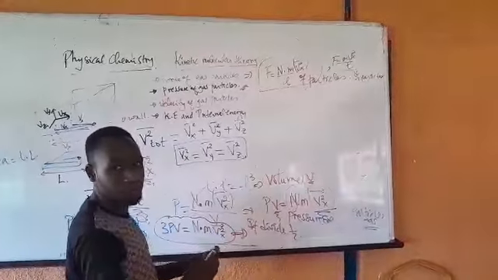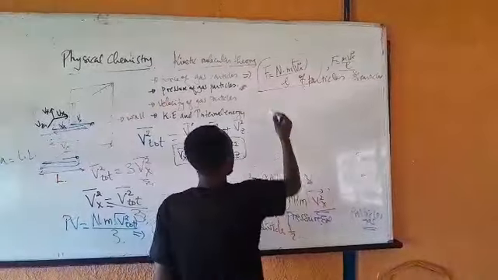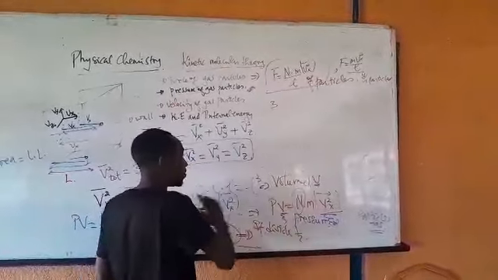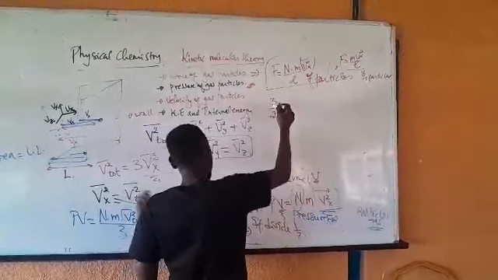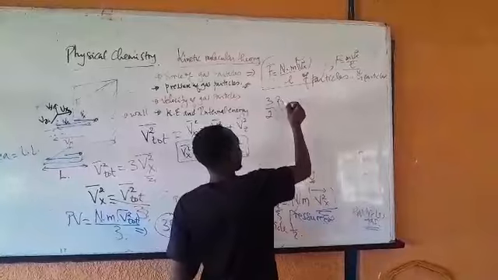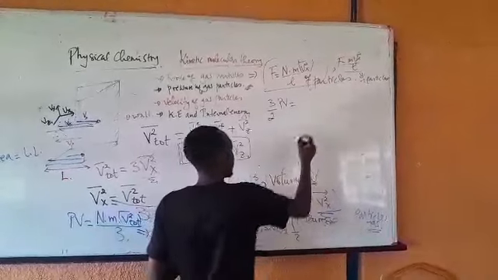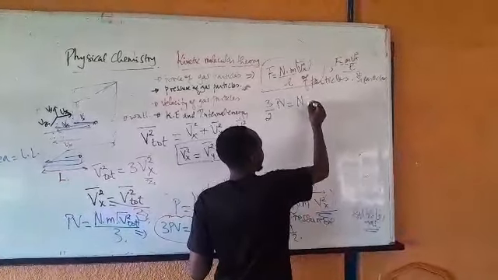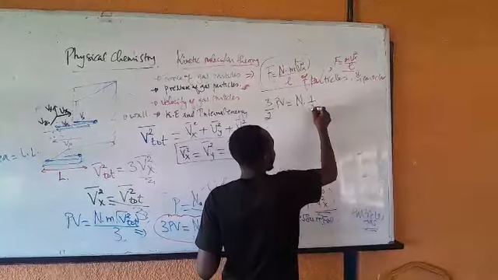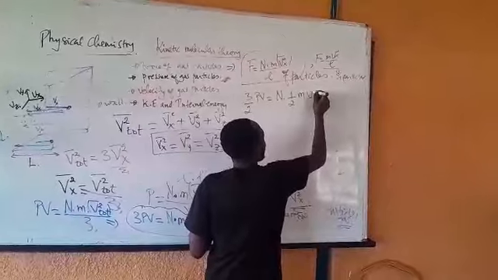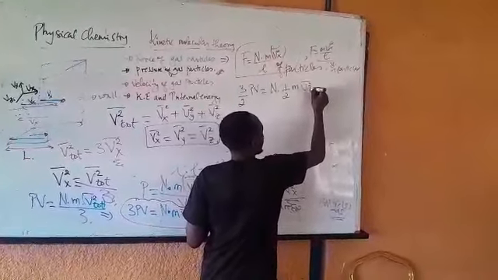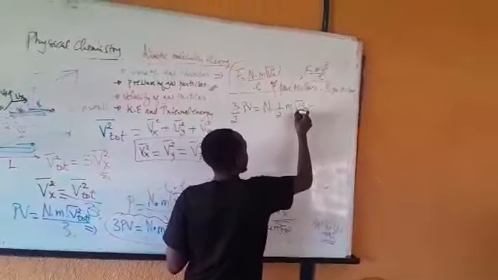The magic will be that 3/2 PV equals N times 1/2 m V total velocity squared.